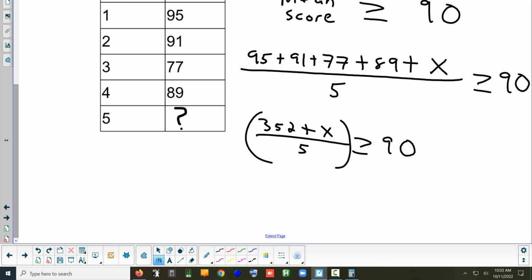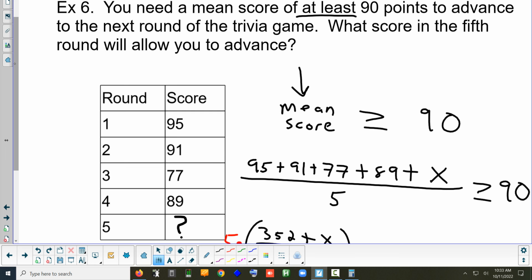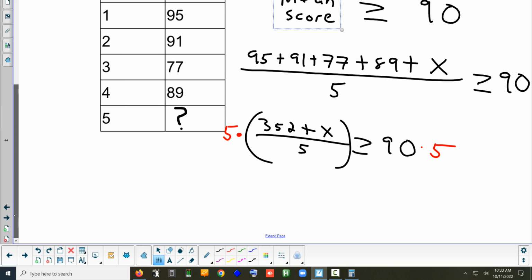Right now, I have a divide by 5. What can you do in math that's the opposite of a divide by 5? Multiply. Again, I know this is a little different, but when you have a problem that involves the mean of something, that's how we have to set it up. You have to multiply by the number that's in the bottom, and that gets rid of the 5s.